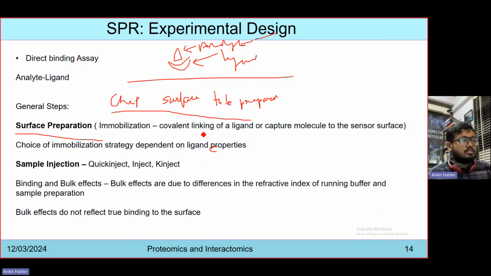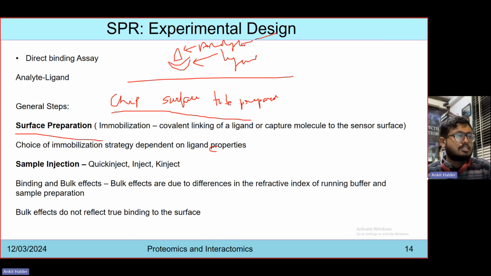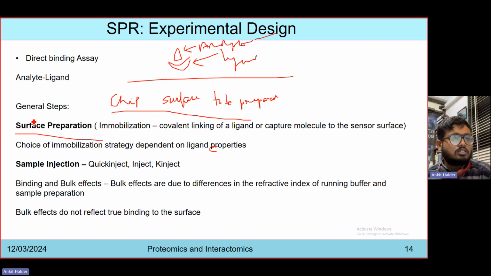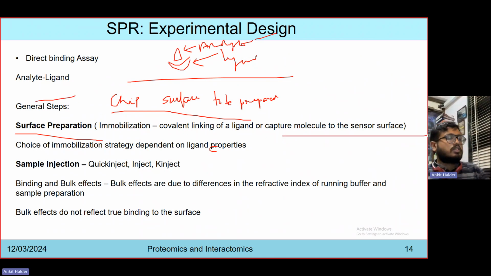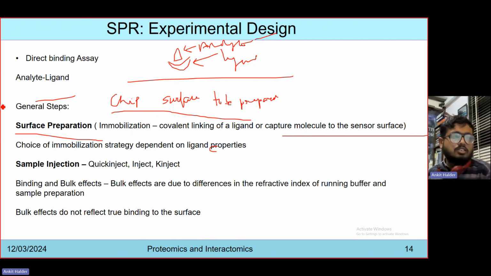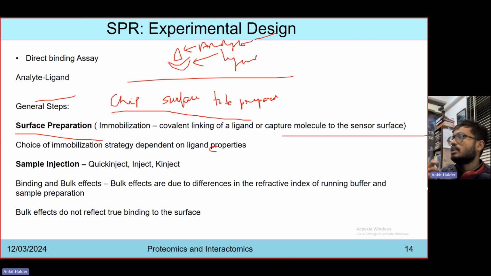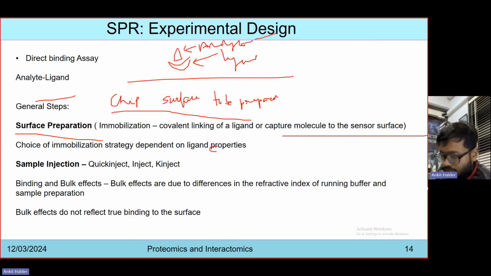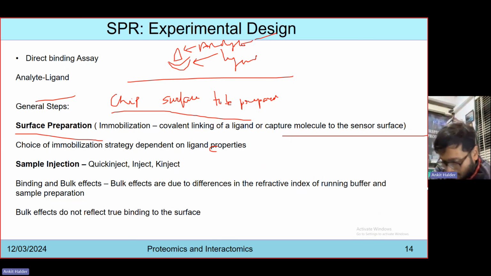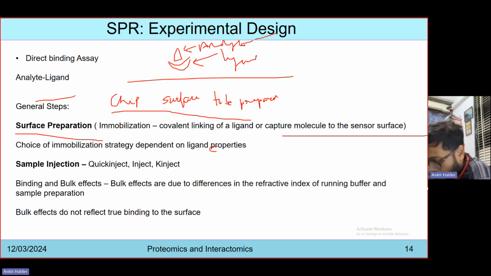This is done by immobilizing, the covalent linking of a ligand or capture of a molecule to the sensor surface. Now the choice of immobilization strategy depends on the ligand properties, as I was saying. For the biotinylated ligands, you need a chip with streptavidin, or SA, or CM5, CM4, which are hydrophilic and less negatively charged, and all those things need to be kept in mind.